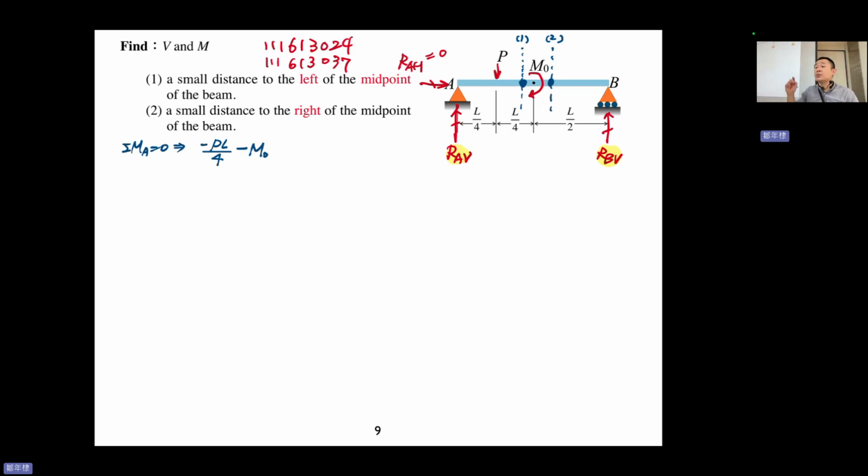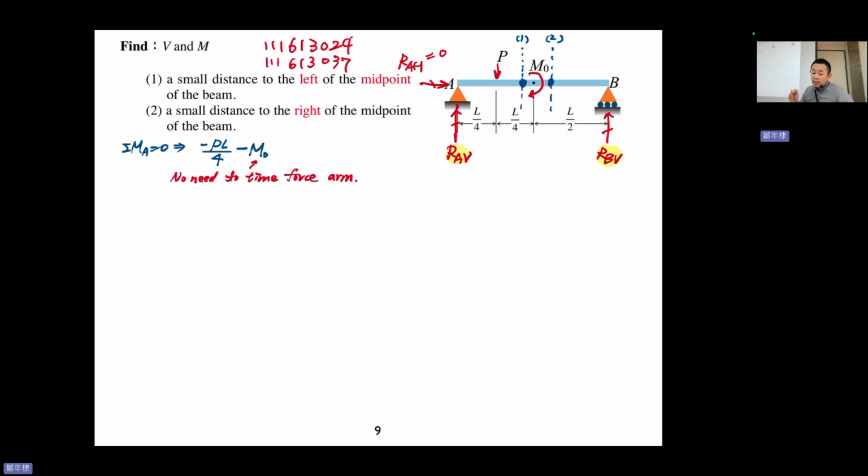And you notice that this moment itself, we don't need to times force arm, right? Because this is a moment already, in the moment form.